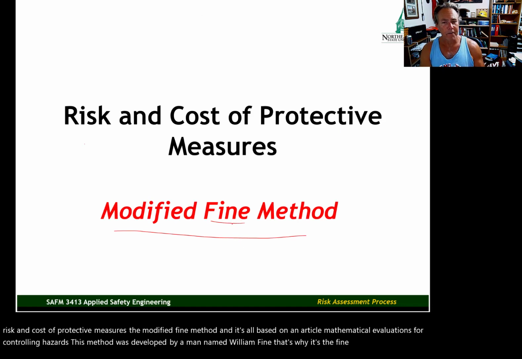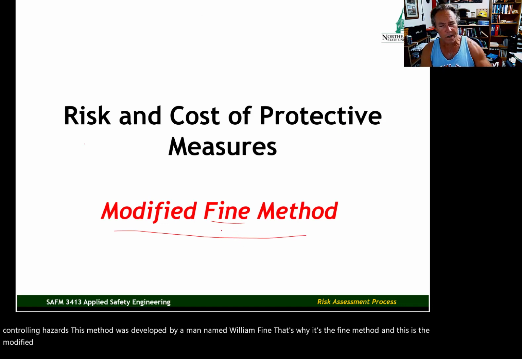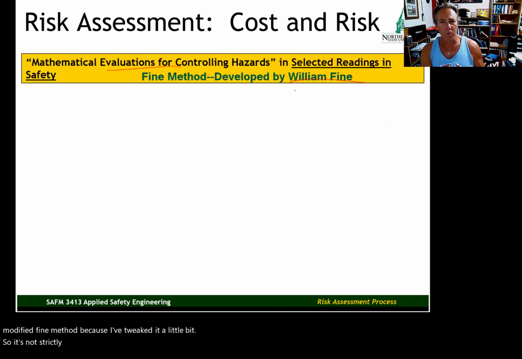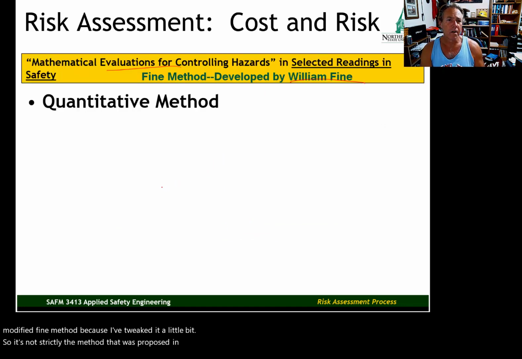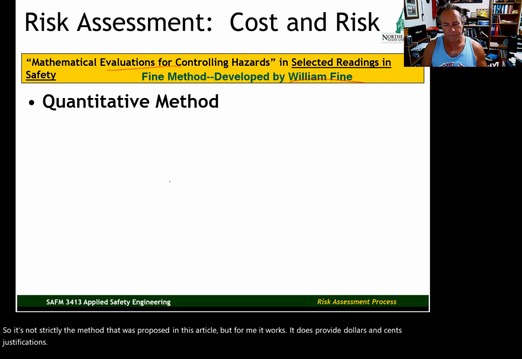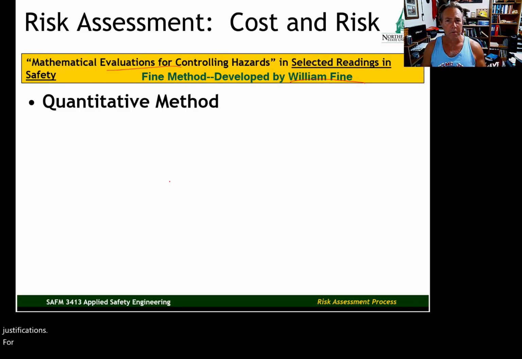And this is the modified Fine method because I've tweaked it a little bit, so it's not strictly the method that was proposed in this article. But for me, it works. It does provide dollars and cents justifications for the proposals that we might make as a safety manager.